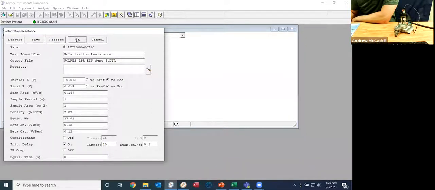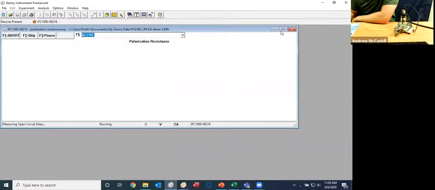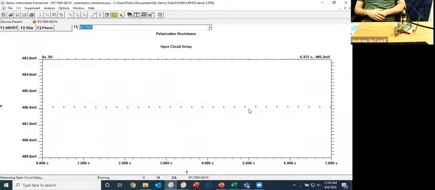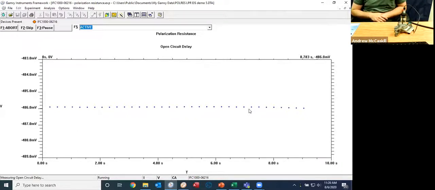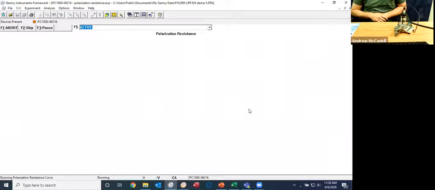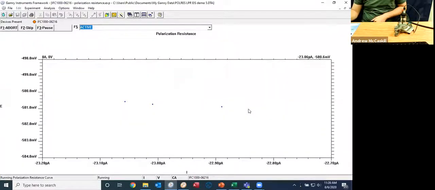So we're going to go ahead and start, and let's see what kind of results we get. First, it's going to be measuring the open circuit potential. So that's what you see right here. We're sitting just about at negative 486 millivolts. You can do that for 10 seconds. We don't see much of a shift, so that's pretty good. And now we are actually collecting data. So let's see what happens.